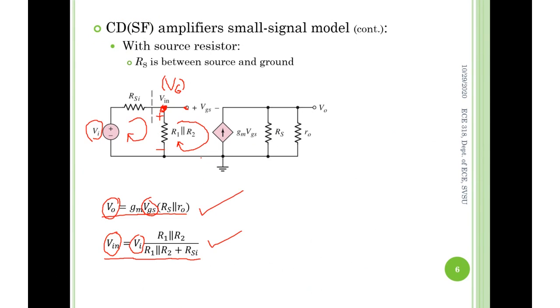Okay. Can anyone write this KVL here? You're working something out. Okay. Anyone can do this? Or you have a different idea, that's fine too.